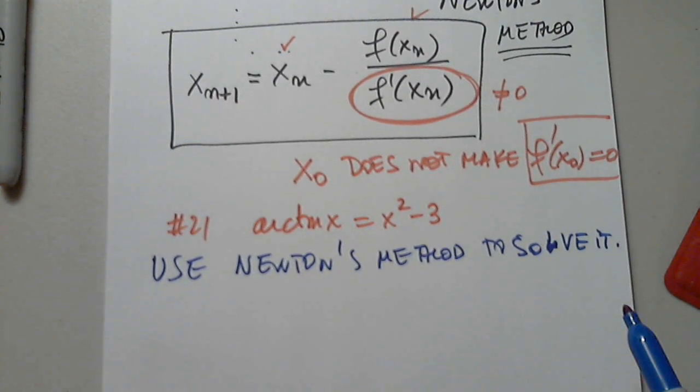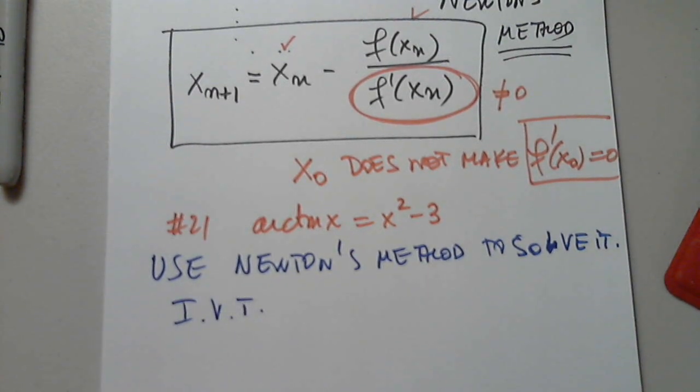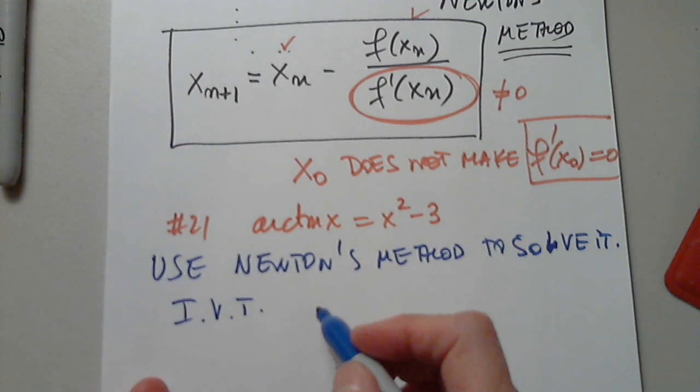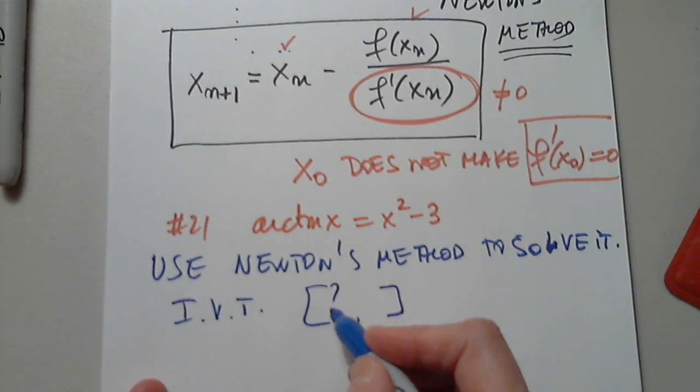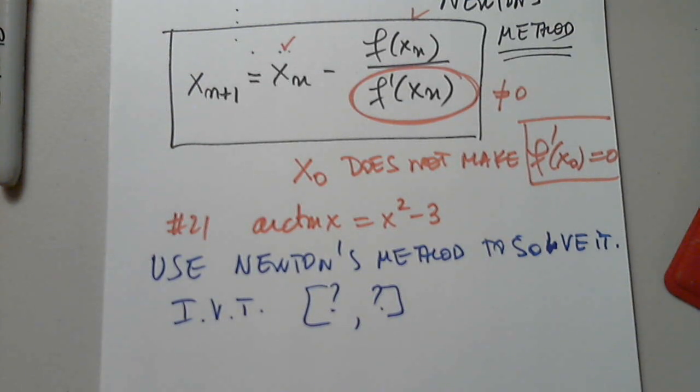I can use Newton's method before I use the intermediate value theorem because I don't have an interval. I can start with the Newton's method.